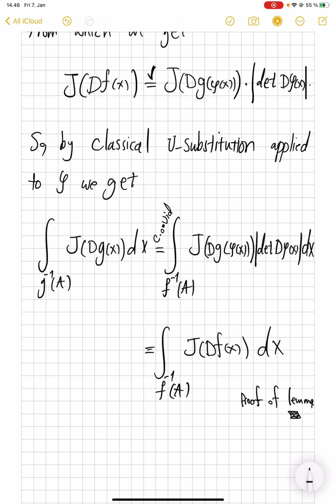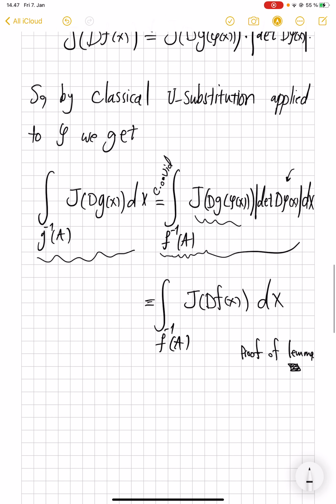So integrating a quantity over the V region here is equal to integrating the same quantity, composed of course, pulled back, in the U region, but we have to multiply by this correction determinant factor. And from the identity that is still up on the screen, that is just the Jacobian of f(x). And that establishes the well-definedness of mu(A) for Borel A that live inside one local parameterization.